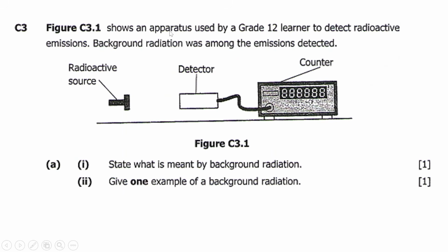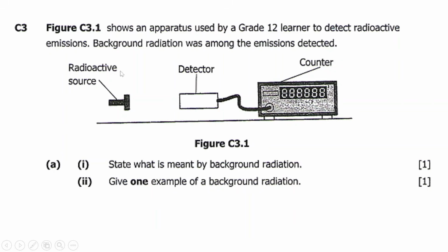Section C, we had this question C3. Figure C3.1 shows an apparatus used by a grade 12 learner to detect radioactive emissions. Background radiation was among the emissions detected. So this is the apparatus in figure C3.1.